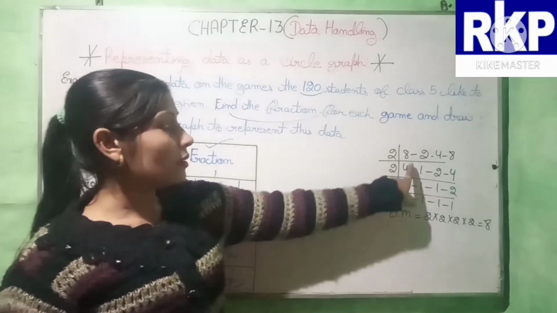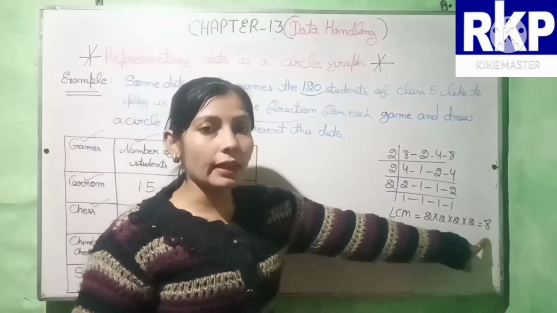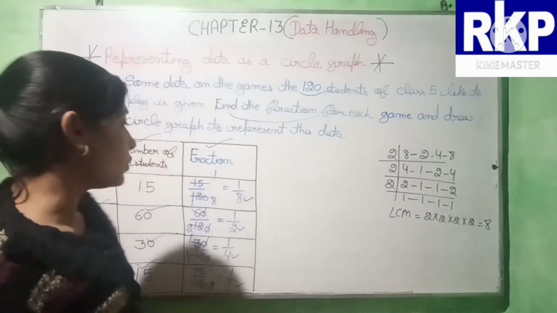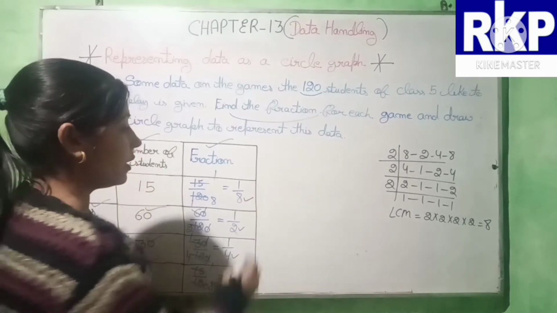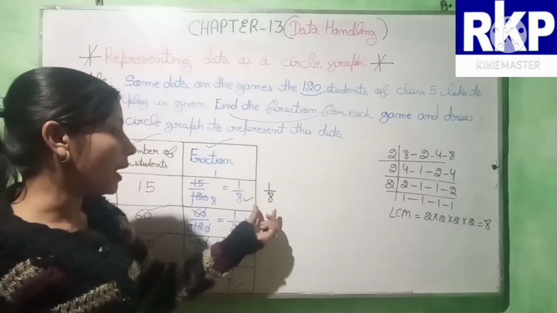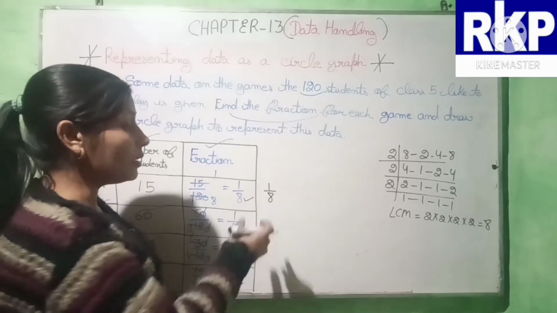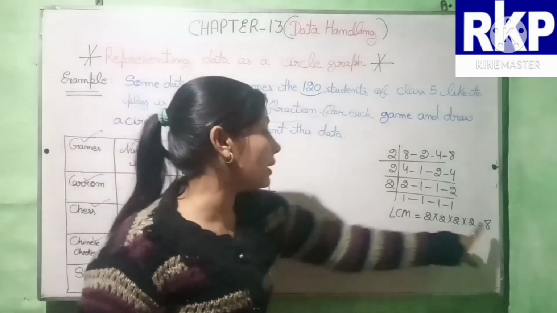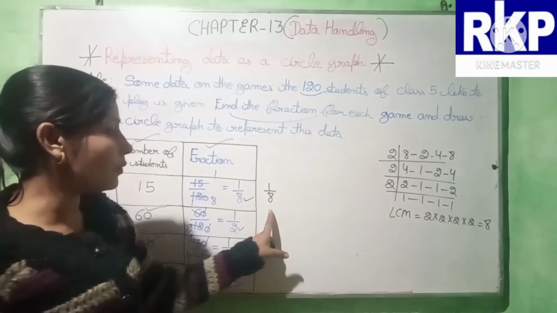When we find the LCM of these, we get 8. So now let us write an equivalent fraction for each fraction. Here we have 1 by 8, and we have to write an equivalent fraction with denominator 8. But here it is already 8, so no need to write any other fraction.